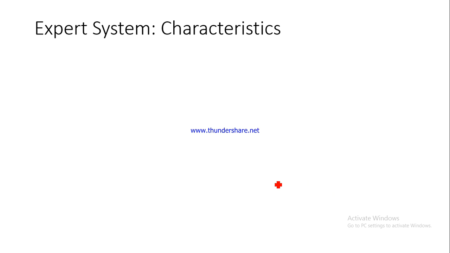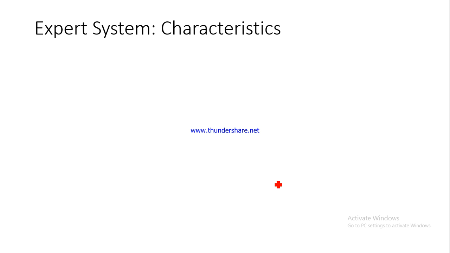Now let's talk a little bit about the characteristics of the expert system. I hope you understand that again it is futuristic. It is not talking about what has happened in the past. It is not summarizing the past records for you. It is basically helping you in making a decision for the future.